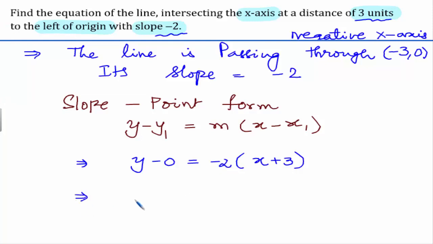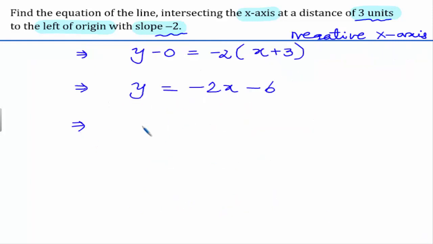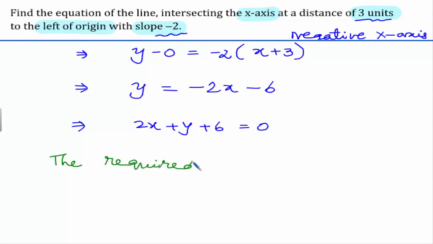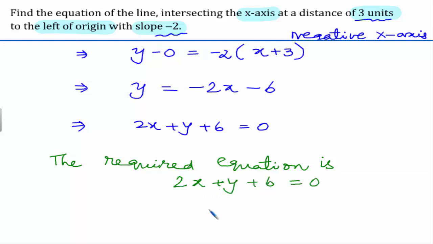So we will get y is equal to minus 2x minus 6, that is 2x plus y plus 6 is equal to 0. So the required equation is 2x plus y plus 6 is equal to 0.